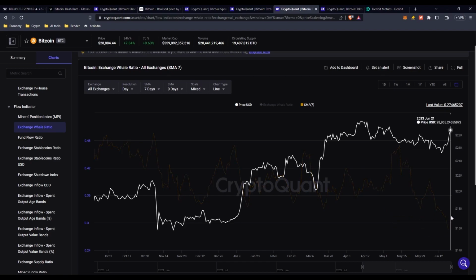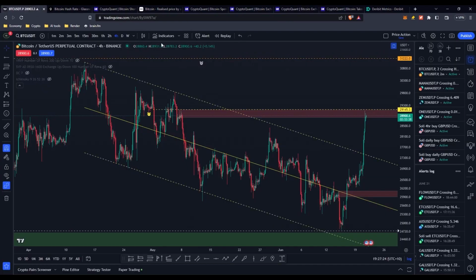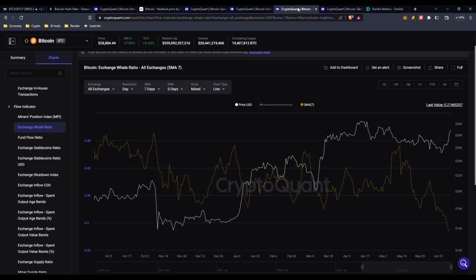If you see a spike, especially when the price reaches a supply or demand zone, you see if it's going up or down. That's how effective it is. Especially, you can use it on a daily or weekly time frame. This one has a little delay, because whales don't really sell right at the top. They're slowly selling it. They slowly send their Bitcoin to the exchanges, and they slowly take it out.